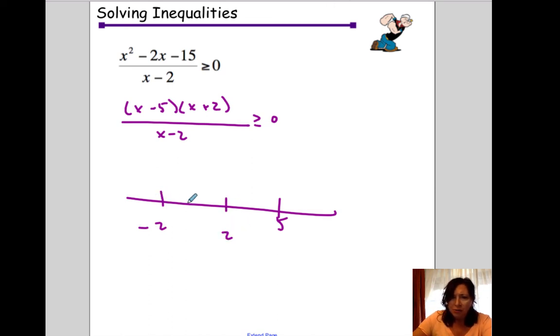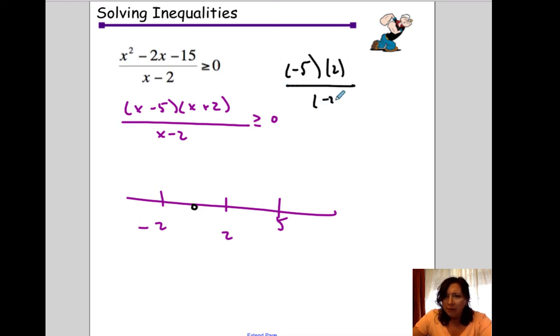I'm going to choose 0 in between. So that's going to give me negative 5 times 2 over negative 2. 2's cancel, negatives cancel. I get 5. Is 5 greater than or equal to 0? Yes. So that means this is true.